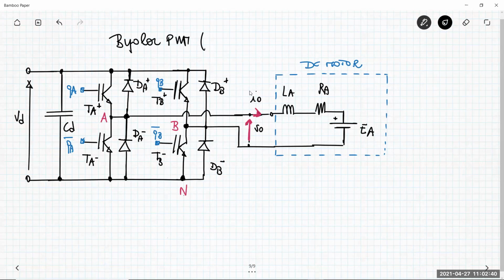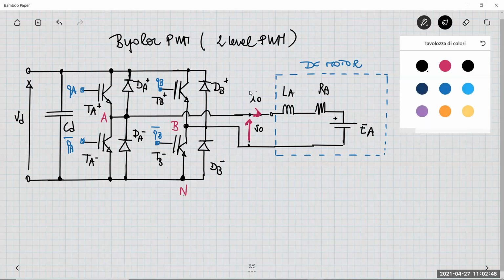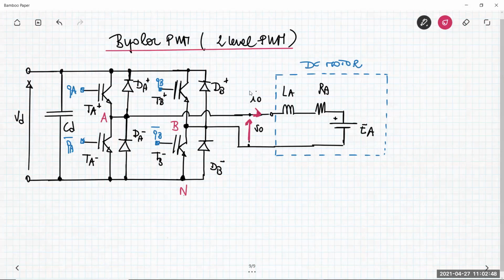Remember that this is also called the two-level PWM, which is the main difference in this kind of modulation with respect to the unipolar one. Remember that in the unipolar one, you have basically one total control voltage, V control.